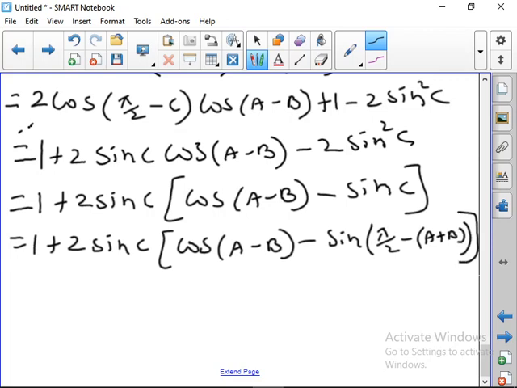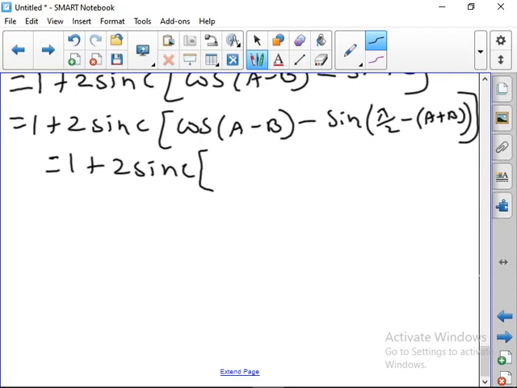So it is equal to 1 plus 2 sin c into cos a minus b minus sin 90 minus theta is cos theta.